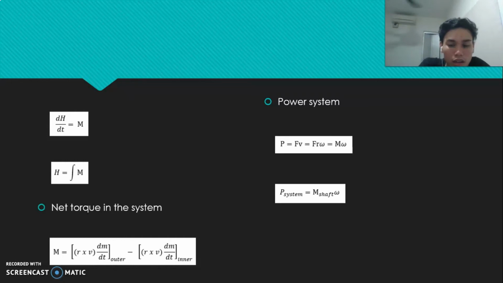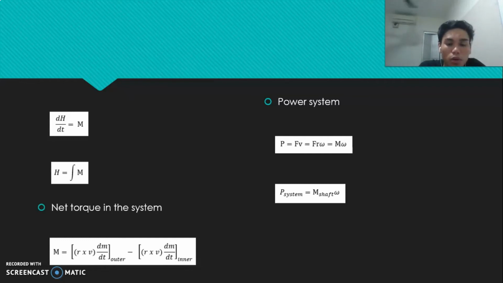There is a special case for the angular momentum. In a steady flow state of the fluid, we can say that the net torque of the system is equal to the outer torque minus the inner torque.